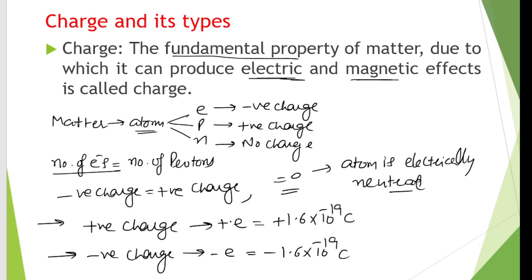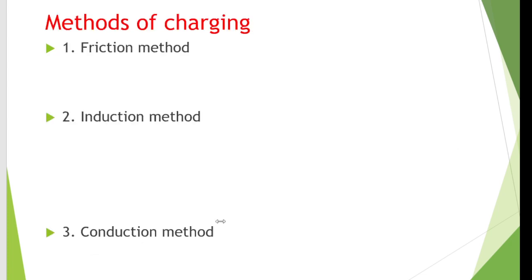So this is the minimum positive charge and this is the minimum value of negative charge on an object or any material body. The next topic is the different methods of charging.